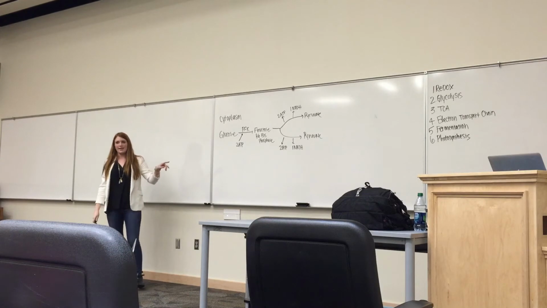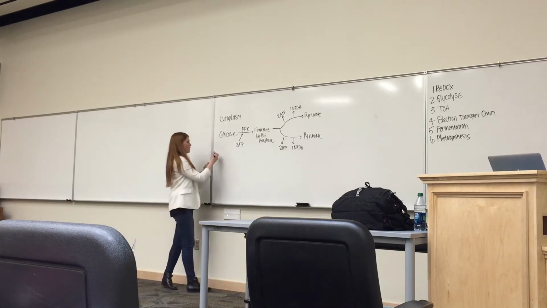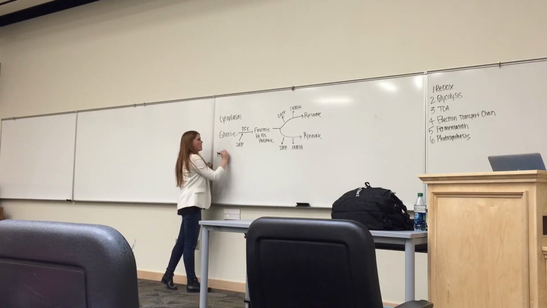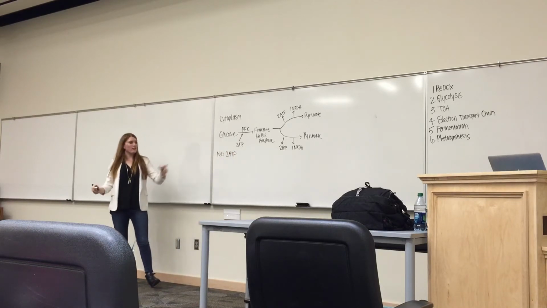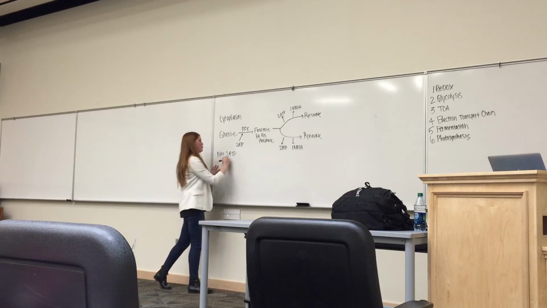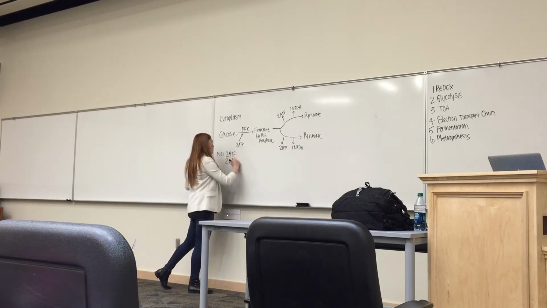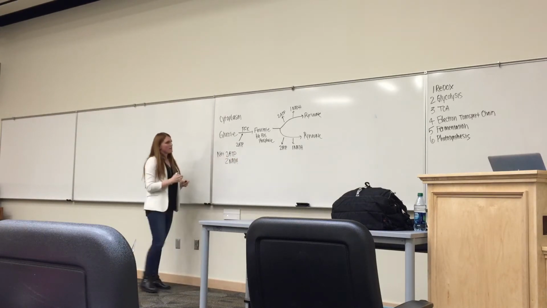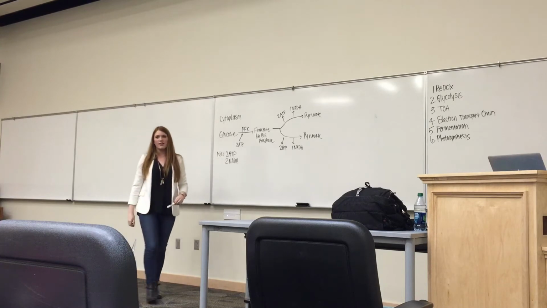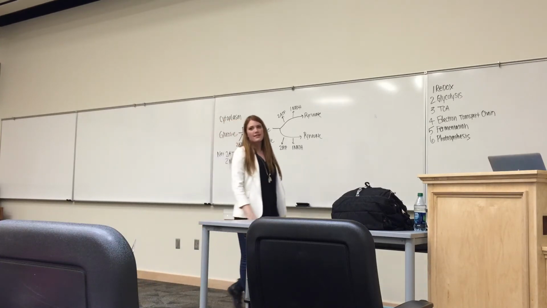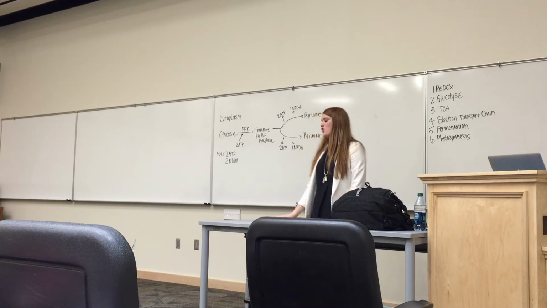Let's talk about net. Net gain of energy, we get 2 ATP, right? Because we're putting 2 in, we get 4 out. And so net gain would be 2 and then 2 NADH. Now one thing, glycolysis doesn't produce a ton of energy compared to the citric acid cycle or the electron transport chain.